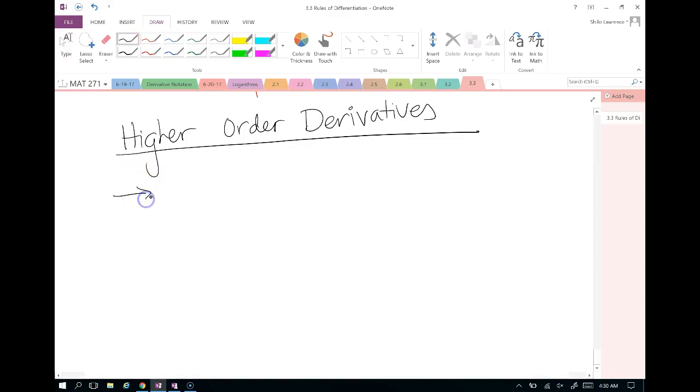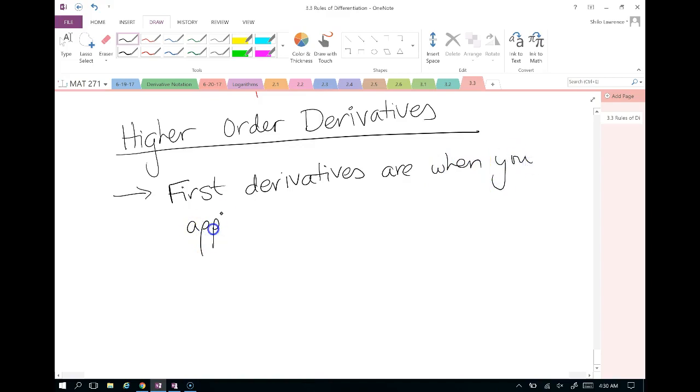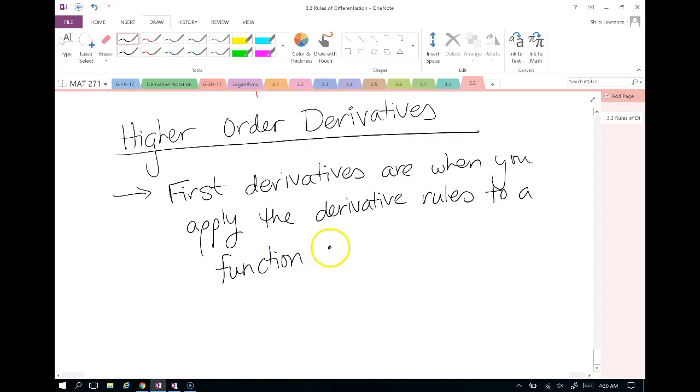First derivatives are when we apply our derivative rules once. First derivative means apply the rules just once, and that's your answer.